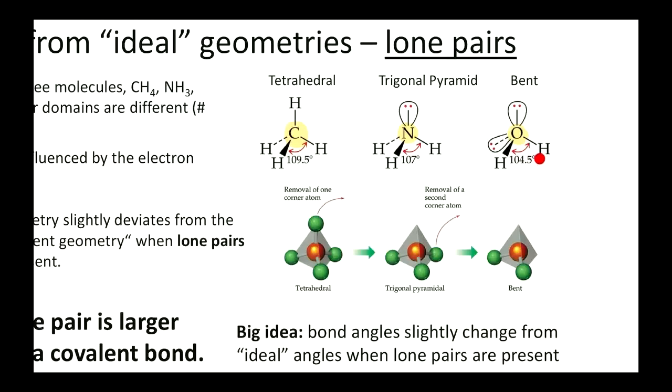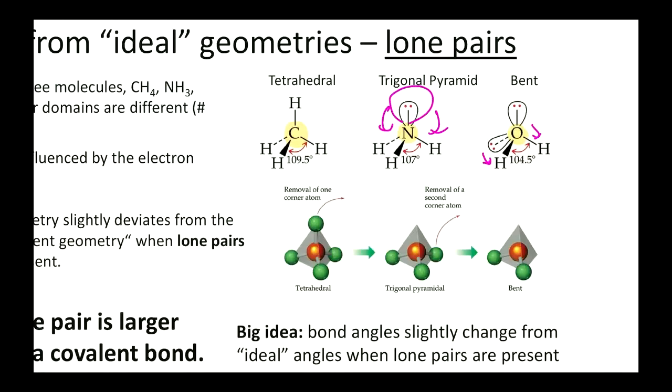Versus water, still an electron domain of 4, but we measure a bond angle around 104 instead of 109.5. The reasoning is because we have a lone pair present. Just think of this lone pair as a big, juicy electron cloud that takes up a lot of room, and it pushes the other bonds a little bit closer together. In this case, for water, there are 2 lone pairs, so it's pushing those bonds a little bit closer together.